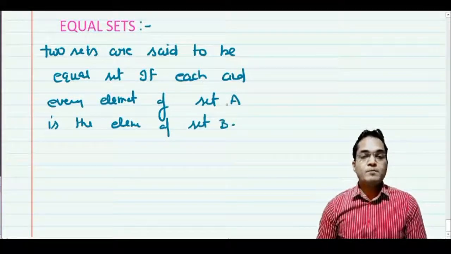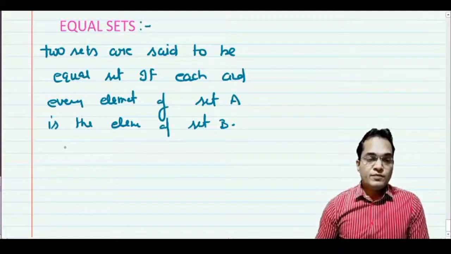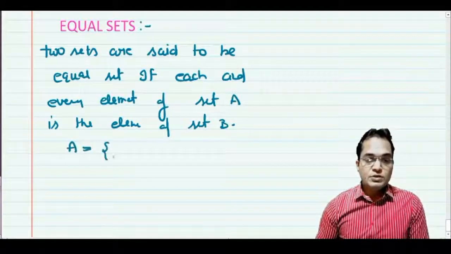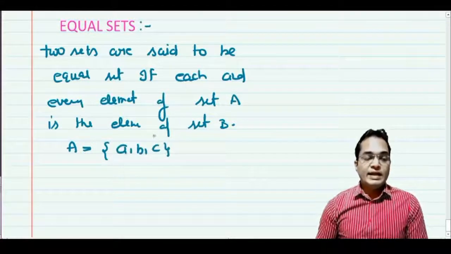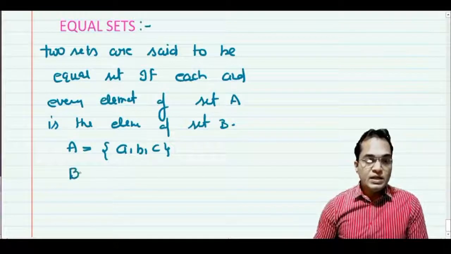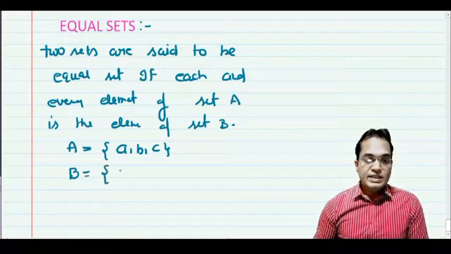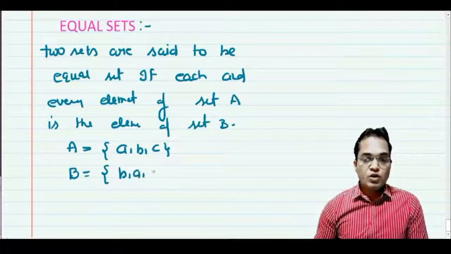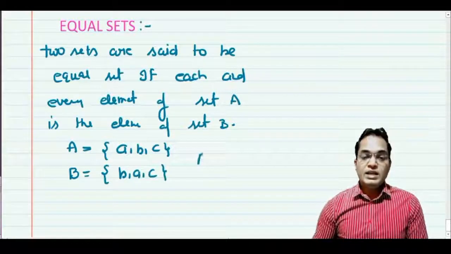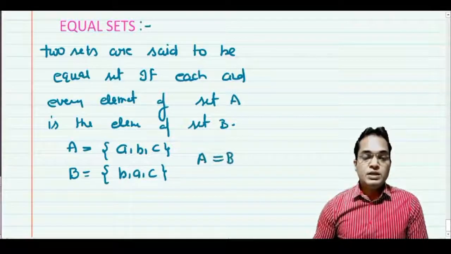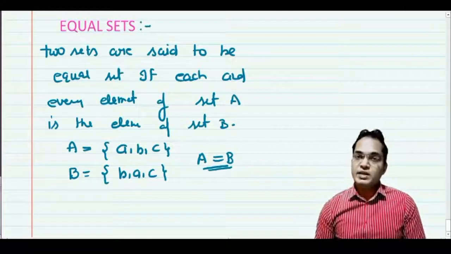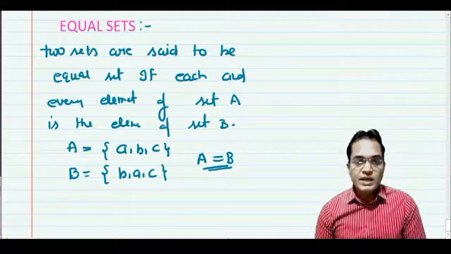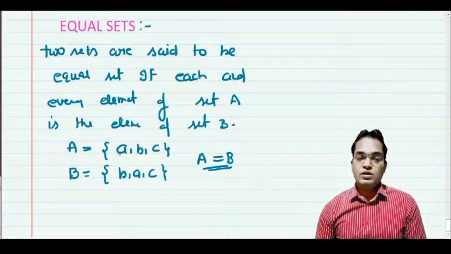Understand? If I take an example, set A equals {a, b, c}, and set B is {b, a, c}, then you can say A equals B, because two sets are equal if their elements are equal.